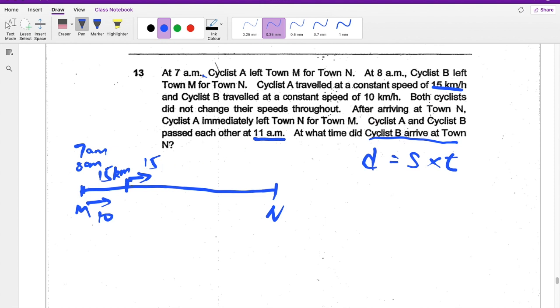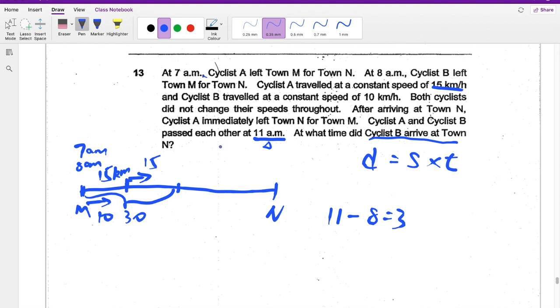After A arrives, he will come back, and they pass each other at 11 a.m. What does pass each other mean? It means they meet each other at 11 a.m. 11 a.m. minus 8 is 3 hours. It means for B, he travels 3 hours, 10 times 3, 30, right?